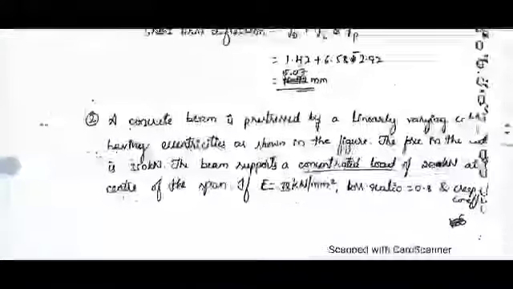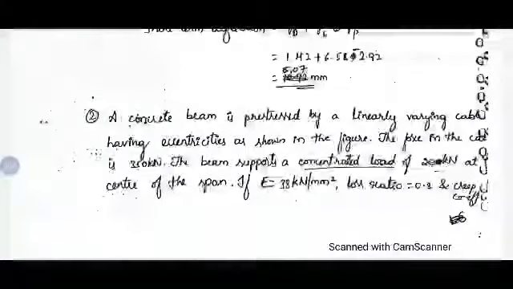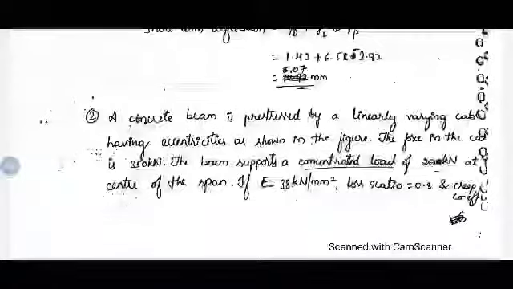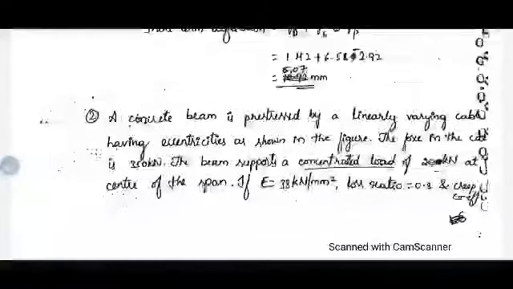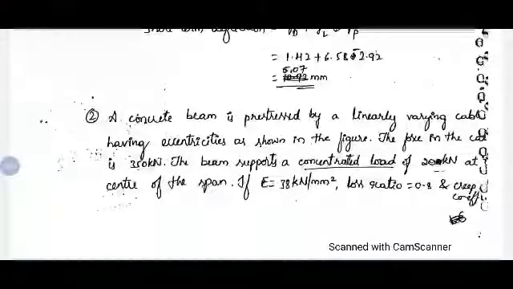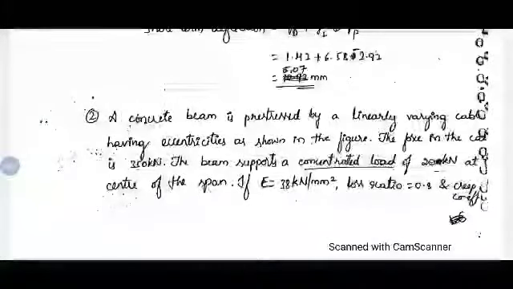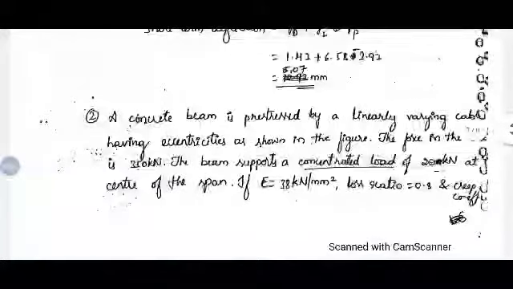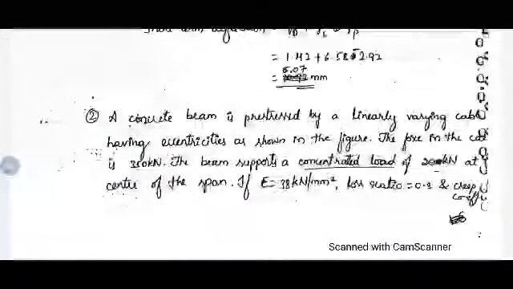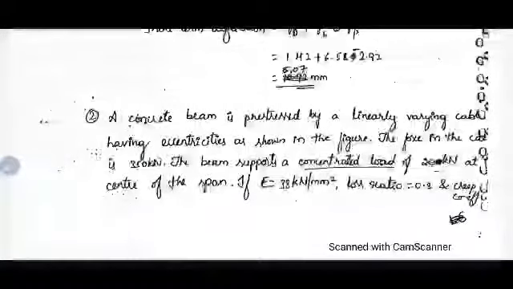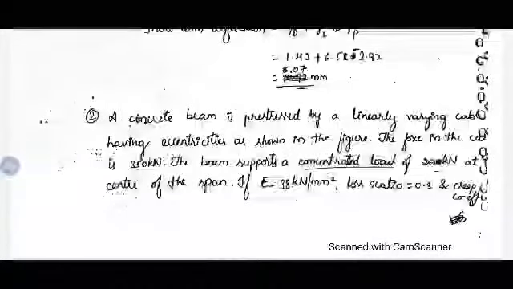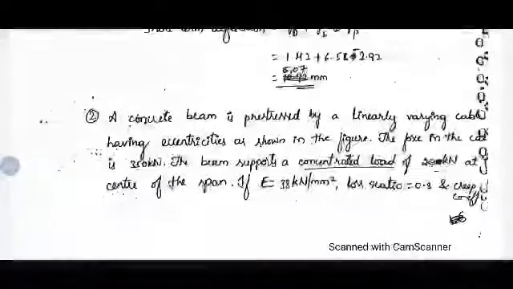Next problem. A concrete beam is prestressed by a linearly varying cable having eccentricities as shown in the figure. The force in the cable is 350 kilonewton. The beam supports a concentrated load of 20 kilonewton at center of the span.